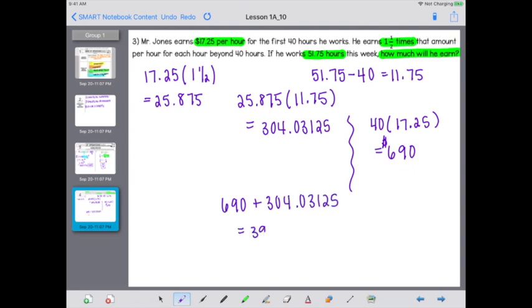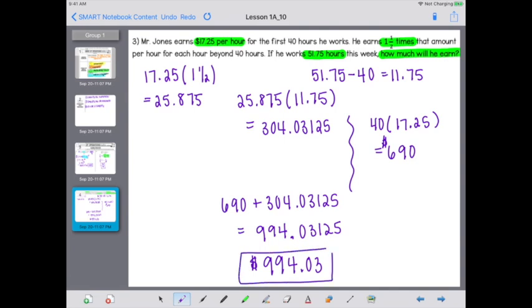This is 994.03125, which means it's really $994.03 is how much he will earn with all this information.